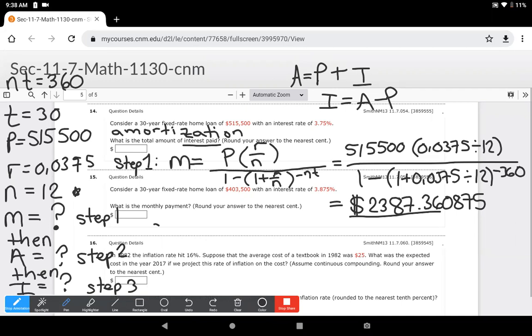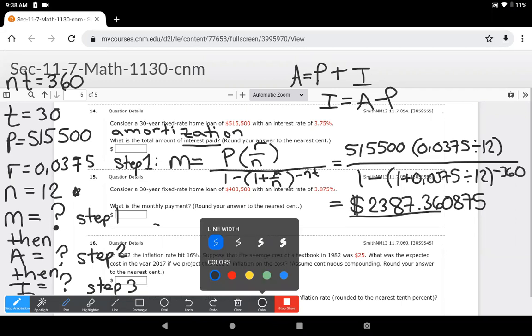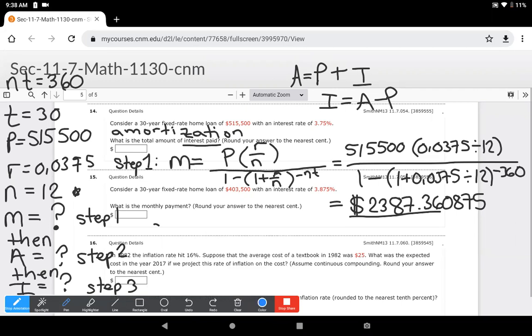And I'm going to switch colors maybe for step 2. Step 2 is like, what's the future amount, right? Now we have an M, but we don't want to use that ordinary annuity junk. We just want to think it out intuitively. We're going to pay this amount, and we're going to pay it 360 times.